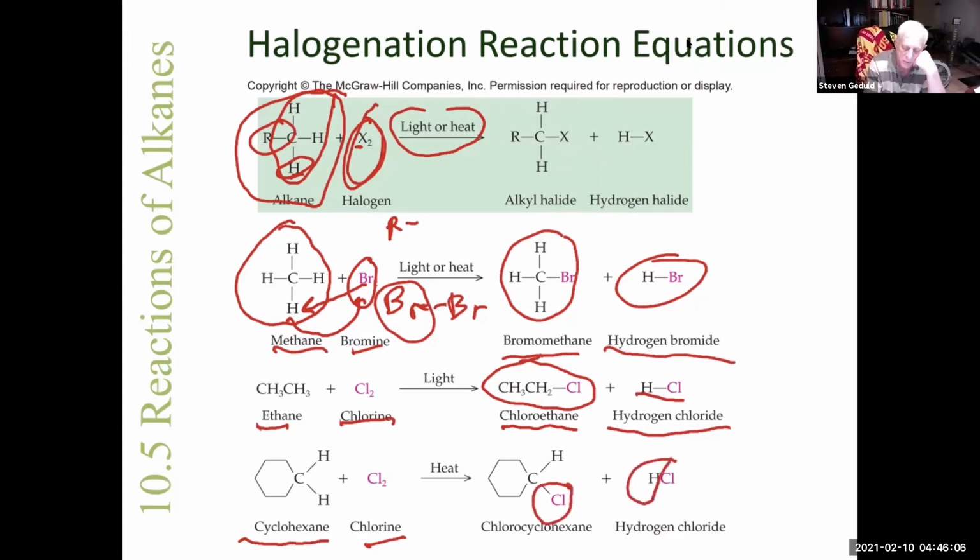So these switch. Where the hydrogen was, it comes off. One of the chlorines replaces it. Where the two chlorines are bound together, now it's hydrogen chloride. So you got cyclohexane combined with chlorine to give you chlorocyclohexane plus hydrogen chloride. Once the chlorine or the bromine are added, these compounds become more reactive and can be used for other products to be made.